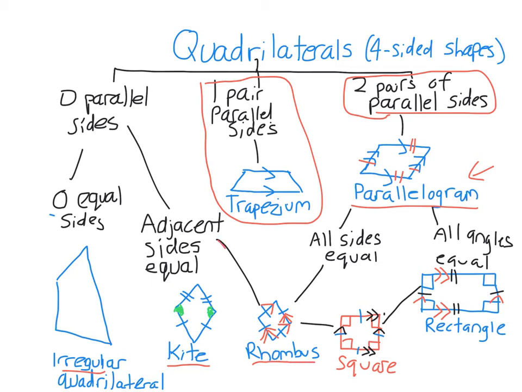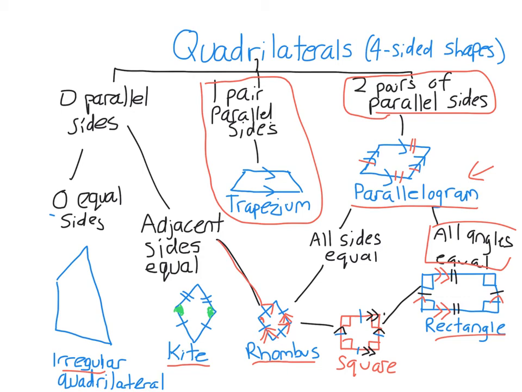A rhombus is also a type of kite because adjacent sides are equal, and it has the two equal angles characteristic of a kite. Those two angles are equal. Okay, so all rhombuses are parallelograms, but not all parallelograms are rhombuses. So parallelograms don't have to have all their angles equal, but if they do, then we call it a rectangle.